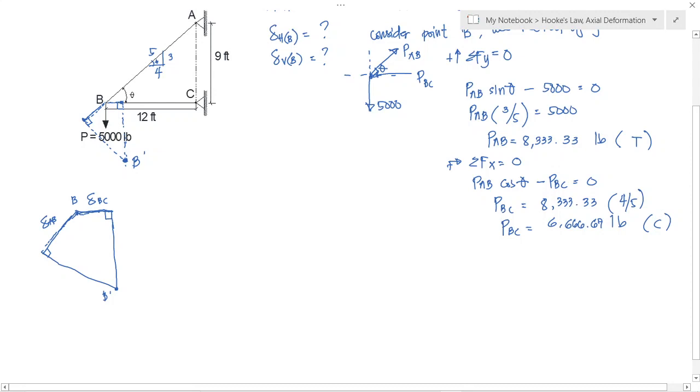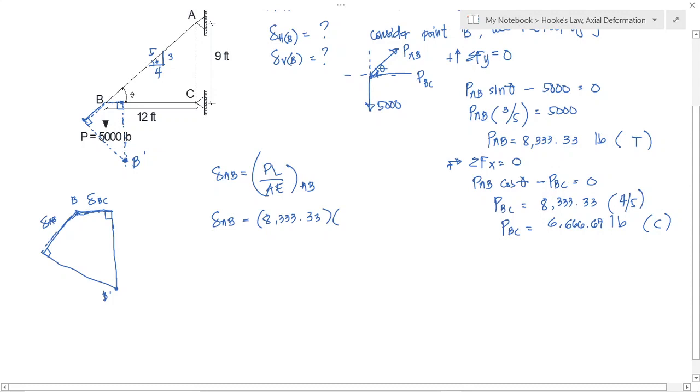Solve for delta. So delta AB is equivalent to PL over AE ng AB. Substitute na lang tayo, class. We have delta AB is equal to PAB, which is 8,333.33, multiplied by length of AB.